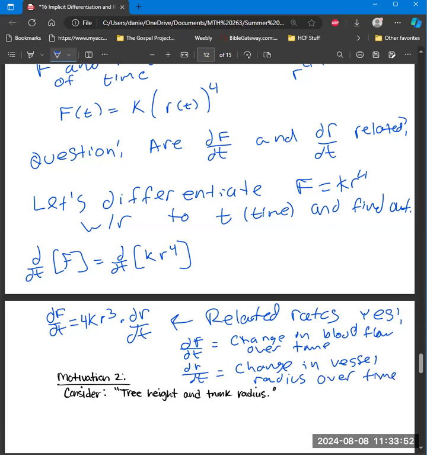We could ask additional questions like, are F, R, df dt, and dr dt measurable in real life? Yes, if I had any 3 of the 4 of those, I could find the other. I don't want to do that right now.